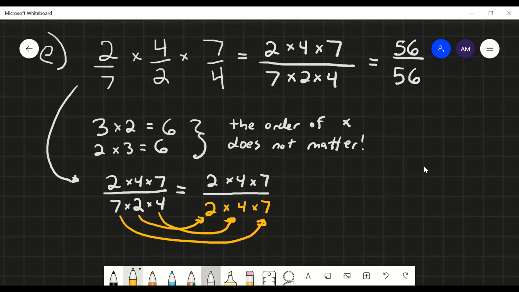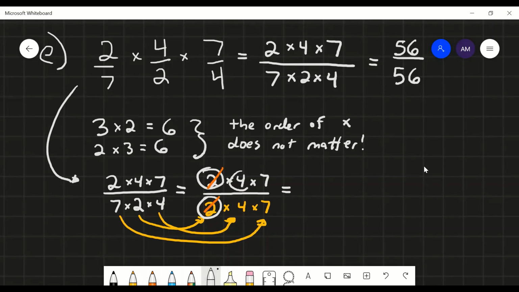Now there's another pretty cool thing that happens. If ever you notice that there's a 2 on the top of a fraction and on the bottom, and this only works when they're all being multiplied, as you see right now, there's only multiplications. So this no longer works when there's addition or subtraction or division. But they're all multiplied. There's a 2 on the top and a 2 on the bottom. They cancel each other out.